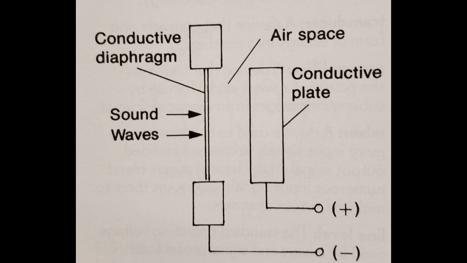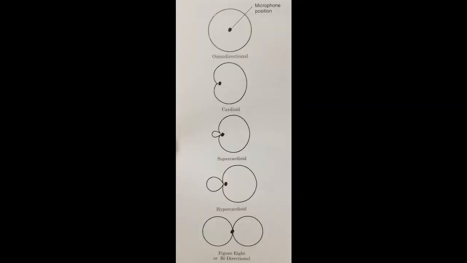Now, while there are just these three types of microphones, we do have to discuss a little bit about the microphone pickup pattern. As you can see here, they may look like really random shapes, but they all serve a different purpose.